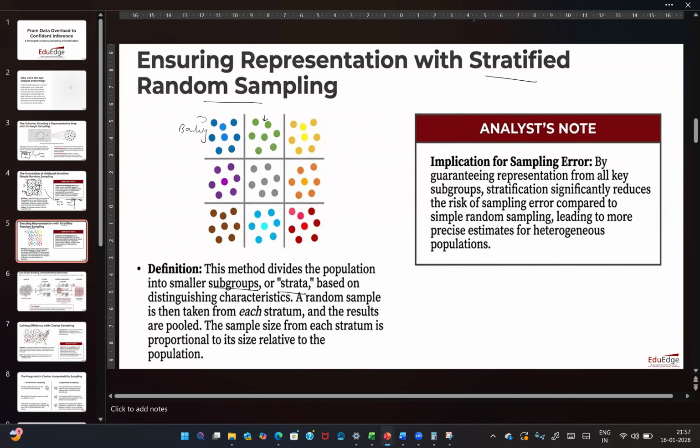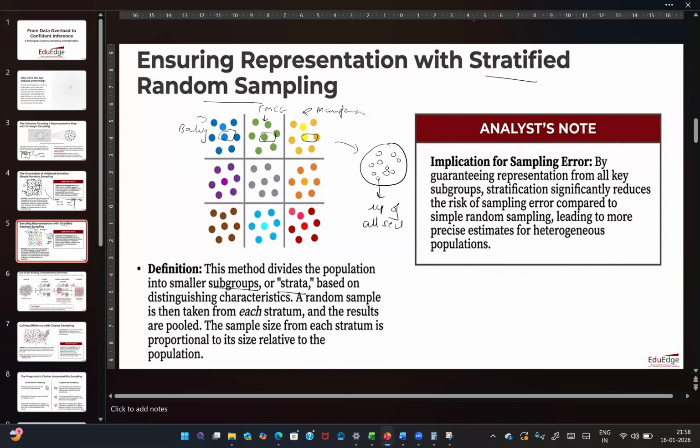This could be, say, FMCG. This could be manufacturing and so on and so forth. Now what you do is you sample a few points from banking, a few points from FMCG, a few from here and keep doing it across every sector. The resulting sample which you have will be representative at least of all sectors.